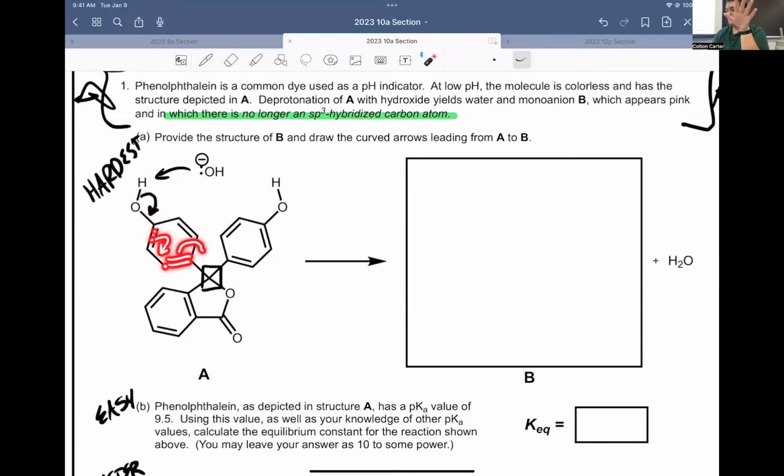And now this is where the question gets a little hard. So we've done this, and now we're at this point, and we need to figure out, okay, if we make a bond here, which bond do we break? Do we break this sigma CC, this sigma CC, or do we break this sigma CO?